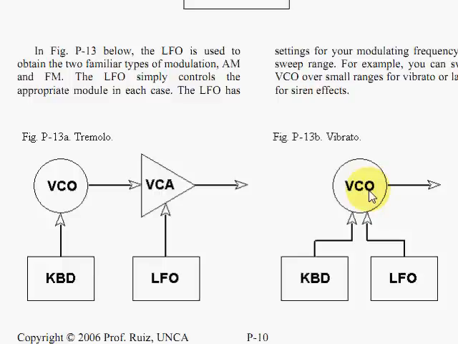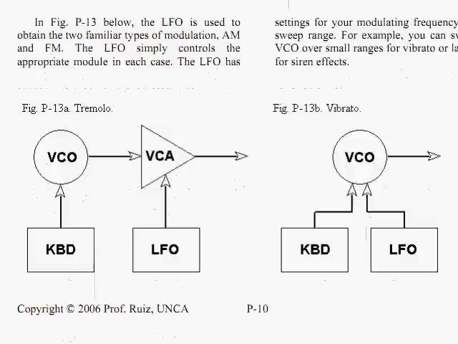And if you have a pitch that you're changing the frequency of, you have a vibrato. So the low frequency oscillator modulating the amplitude gives you amplitude modulation, which is tremolo in musical terms, and here you do frequency modulation. So I have stripped down to the simplest circuits of the synthesizer diagram to illustrate the modulation.